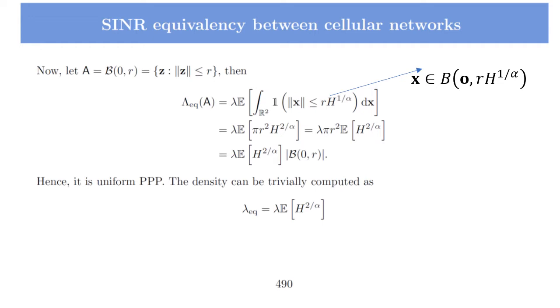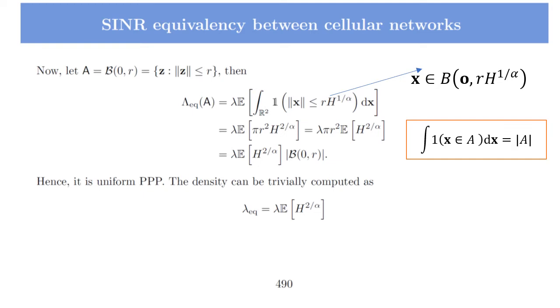Let's call that ball B1. Then this is nothing but the integration of the indicator that x belongs to this ball B1, dx. Now if you integrate the indicator of a set over the whole R squared, you just get the volume of that set, or the area of that set.